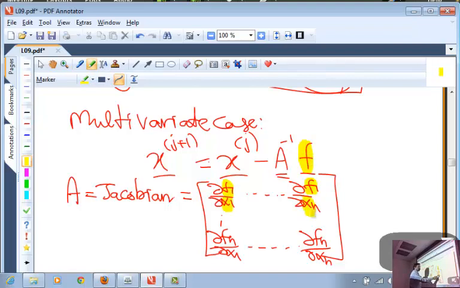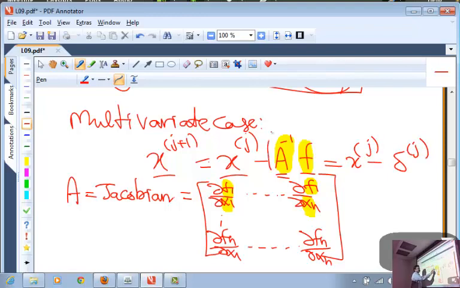Okay, you can construct that matrix A, and you invert that and multiply it by F, and that gives you what we call a correction. So you can think of this as equal to x_j minus delta_j. So delta_j is that correction. What you have done is you have converted the problem of solving a nonlinear algebraic equation to repeatedly solving a linear algebraic equation. Okay, so all you have to do is solve this equation A delta is equal to F.